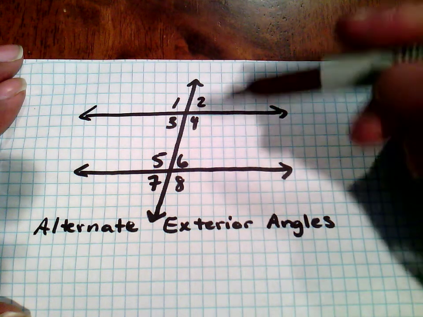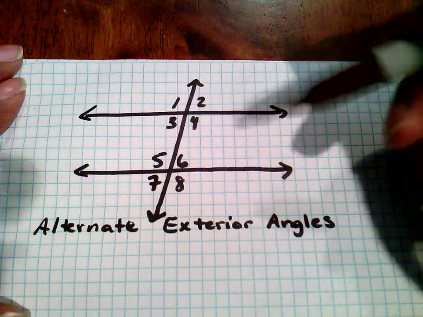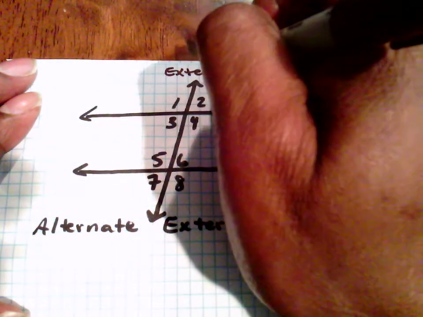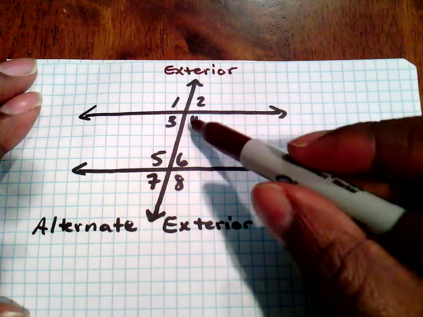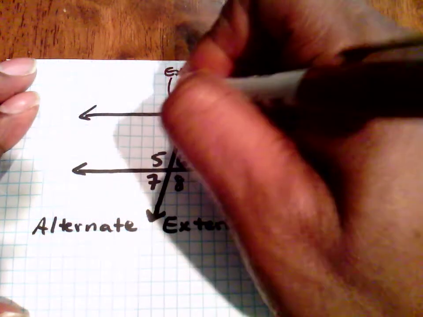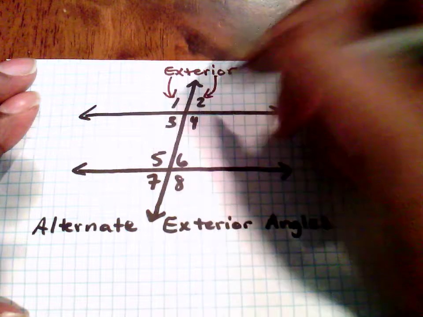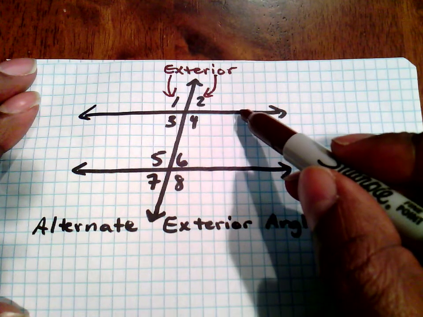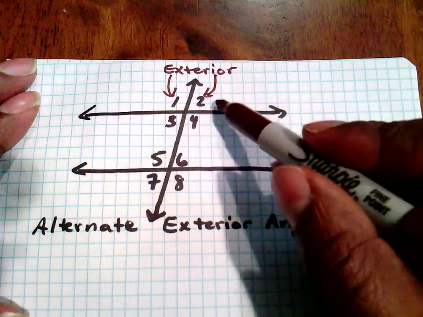So we're looking outside the two parallel lines for exterior angles. In our first intersection, angles 1 and 2 are on the outside of our top line here. So these will be exterior angles.